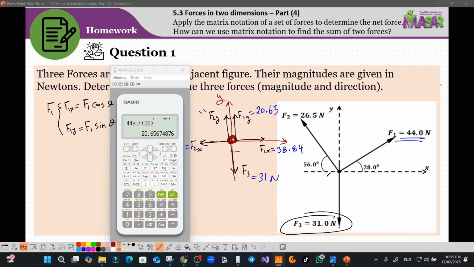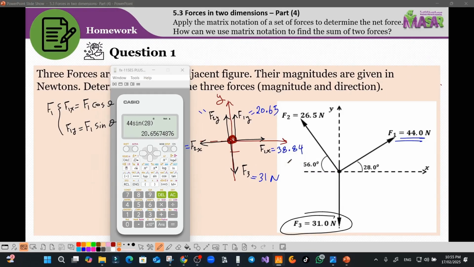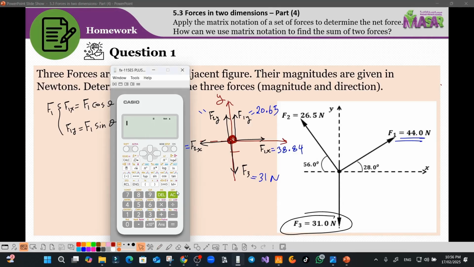Now again, for the F2, this angle is horizontal, or x type. So the F cosine should be applied for the Fx. Let me use the calculator again to find the values for F2x and F2y. Remember, for F2x, we multiply the F2 with the cosine. So 26.5 multiplied by the cosine of the angle, and the angle here is 56.